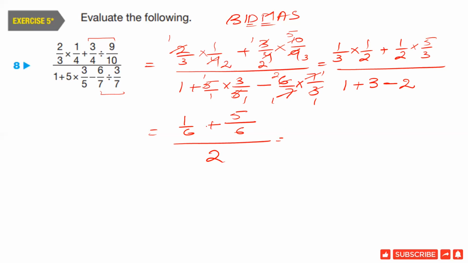Now we shall solve the fractions, addition of fractions. When the denominators are same, we rewrite the denominator and add the numerator. 5 plus 1 is 6. So 6 divides 6. So we are having here 1 upon 2. This one is our answer for question 8.